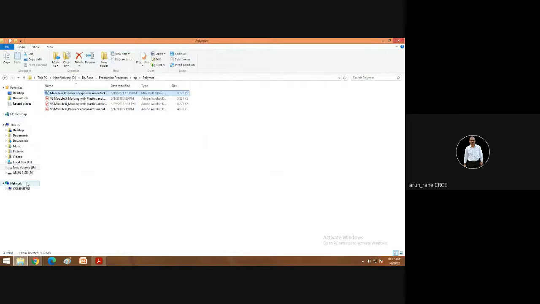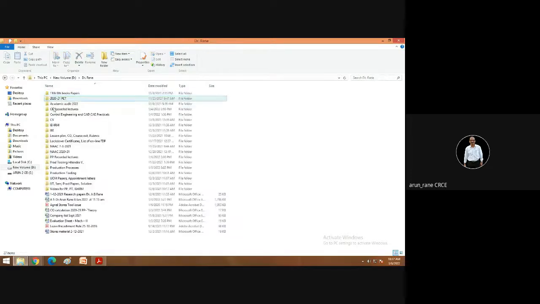All right. So now, see, module number 1 we have already finished, that is introduction to production processes and metal casting. Module number 2, that is joining process, so mechanical fastenings, welding, that is also finished.